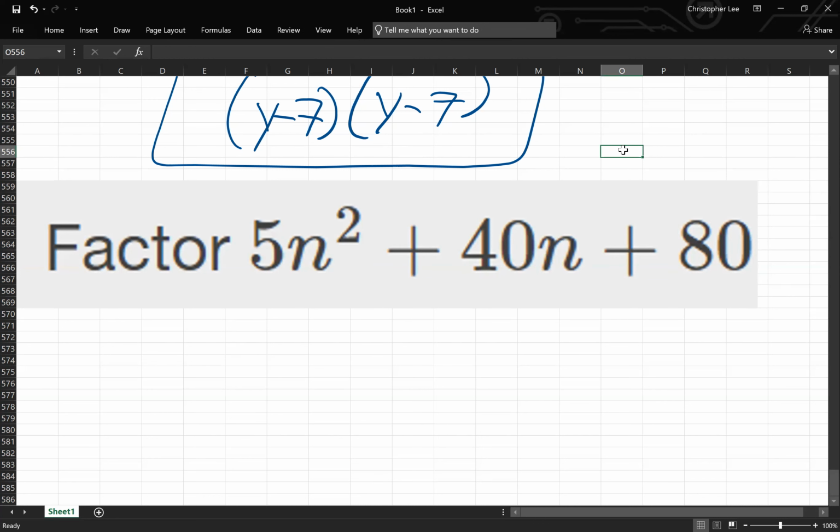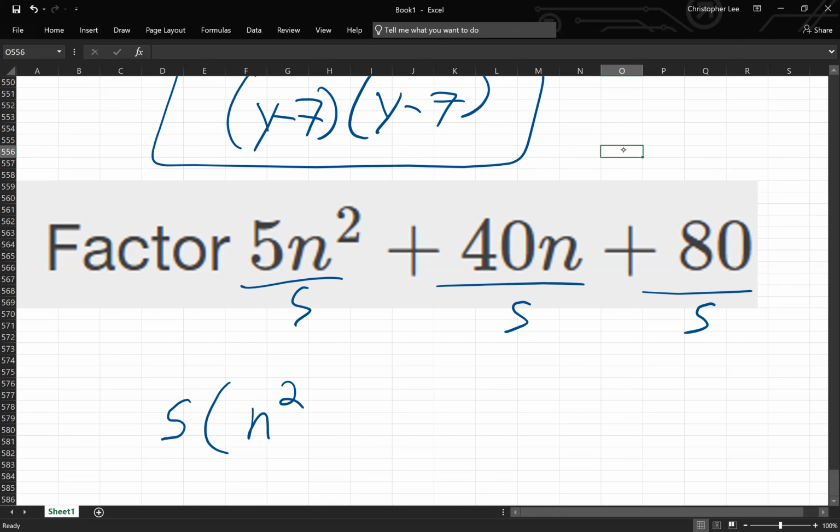Right? By what? Very good. So I'm gonna factor out a 5 right here. And what's left over? So n squared plus what? Say it again. 8n. Got you.